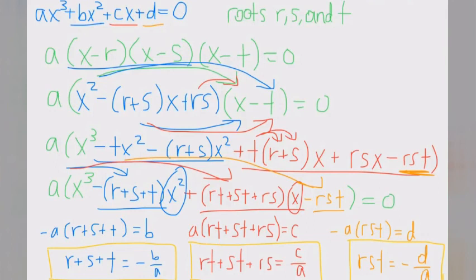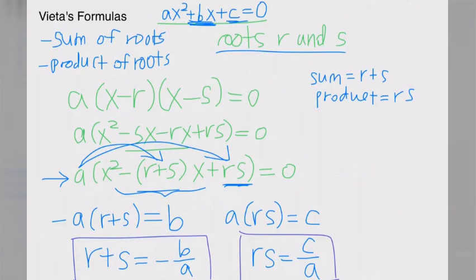And you can also notice that the signs of the formulas alternate. So what I mean is, this is negative b over a, this is technically positive, and then this is negative. So it alternates. If we look back here, the sign also alternates.